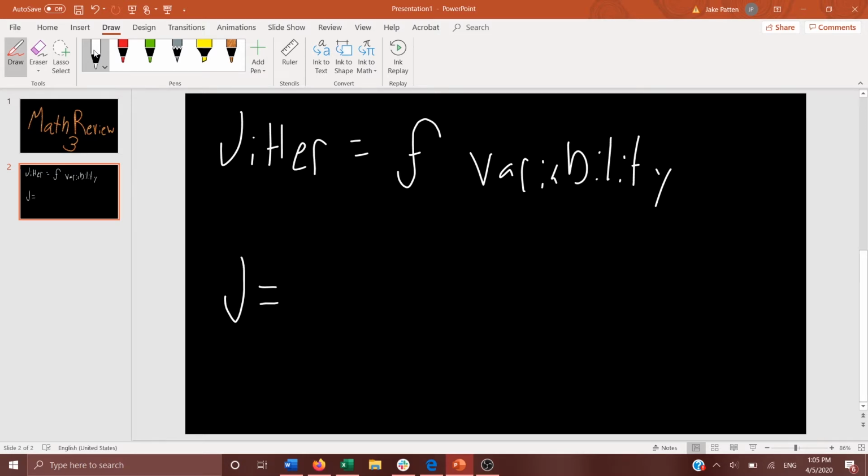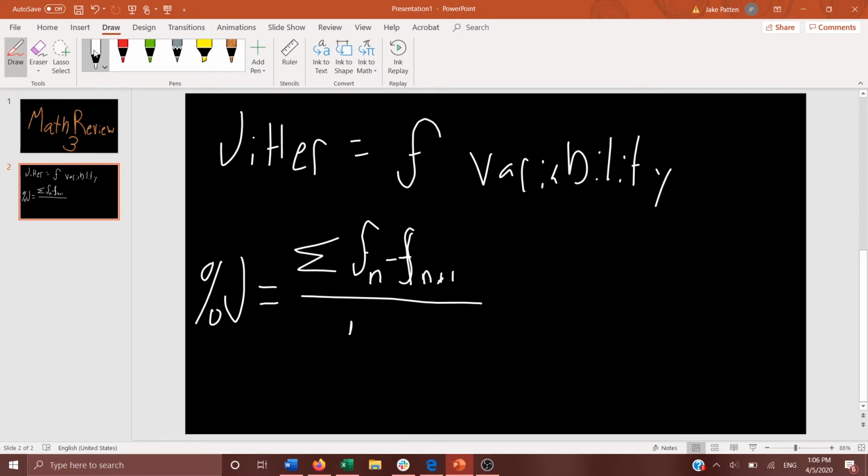The formula for jitter is, actually, we're going to say percent jitter equals the sum of every frequency, every harmonic minus the next harmonic in line, over n minus 1.